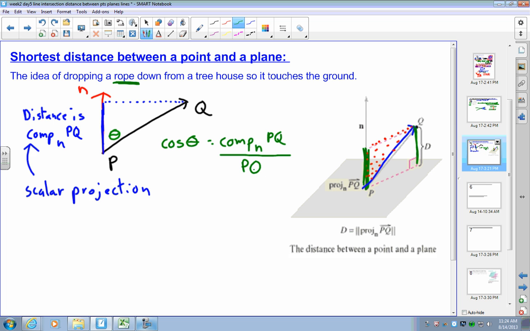Now I don't want to say PQ because then this would be saying an angle is a scalar component all over a vector. But if I give the magnitude, now I have a length over a length, and that helps me give the angle. Well, if I want the distance, the component of PQ on N is the magnitude of PQ times cosine of theta. Okay?